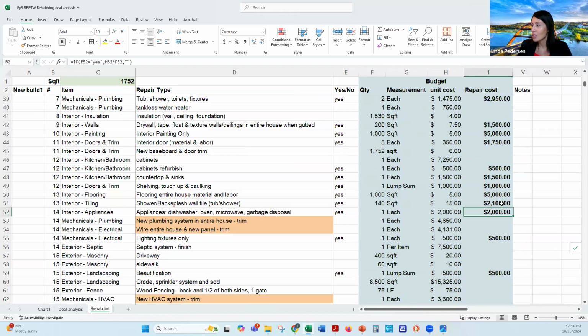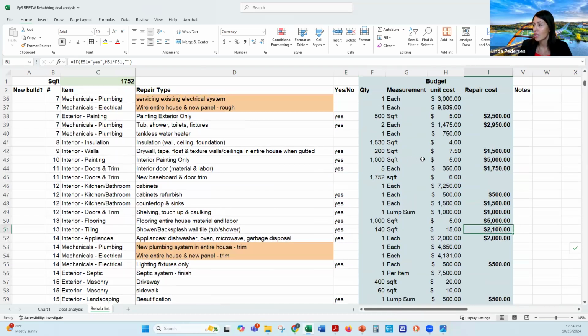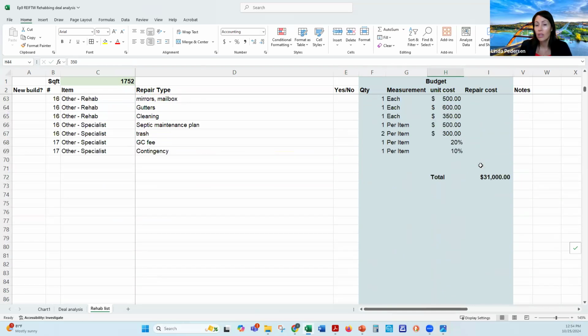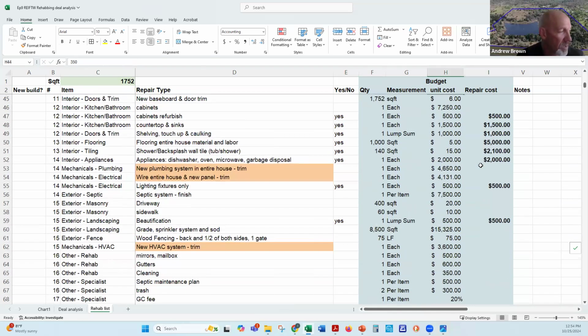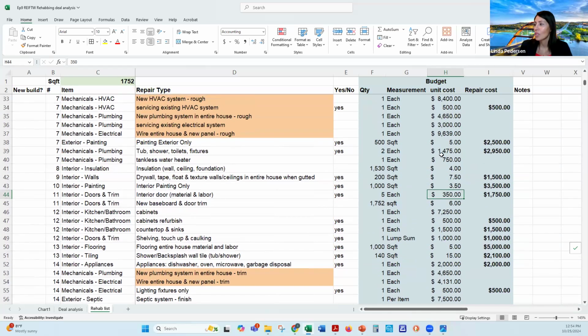And so you can go back and tweak, because on painting, for example, Andrew said we got free paint. So instead of $5 a square, it was probably 3.5 a square. You still have to pay someone to paint. Exactly. And by the way, be careful with that.